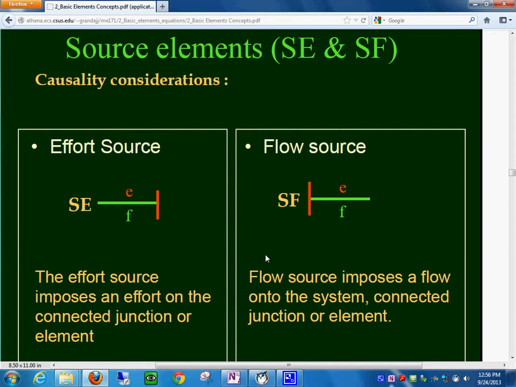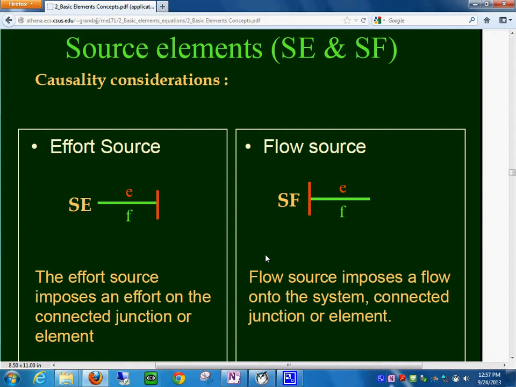Okay, in this case, do you see the element on the left-hand side? And here, what is the output of the SE element? So anything that is output is away from the element. Anything that is input is together.